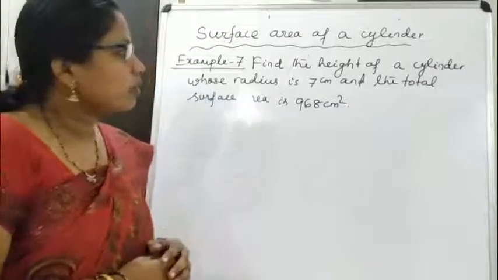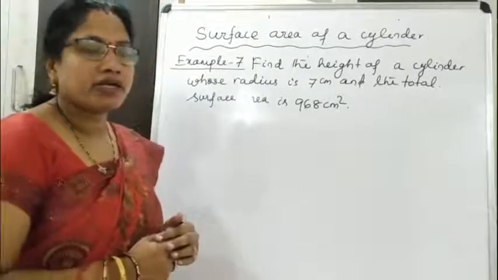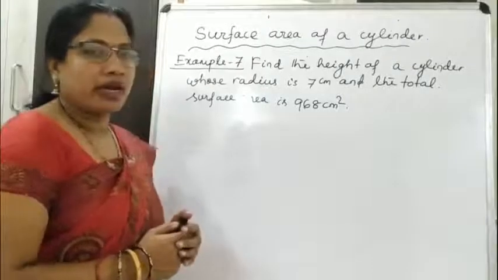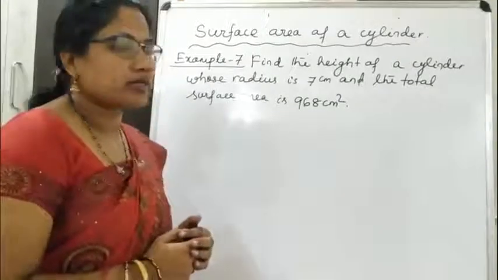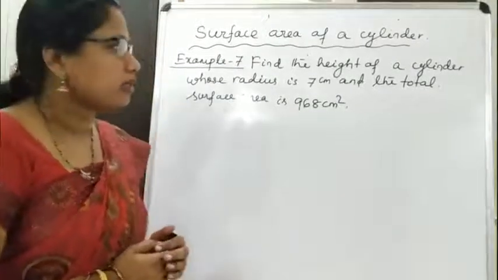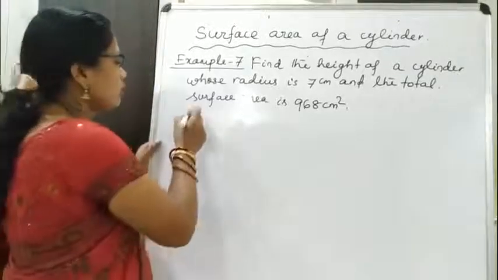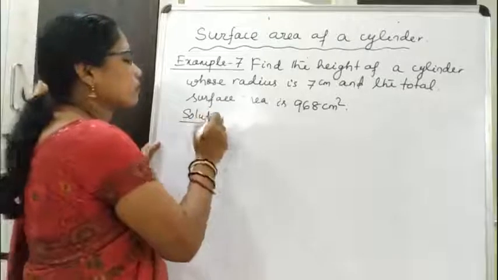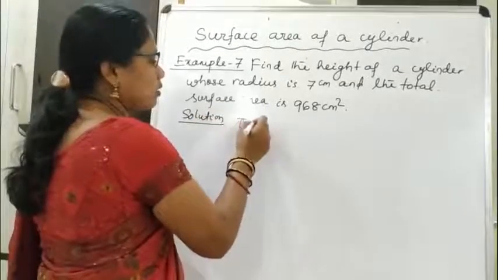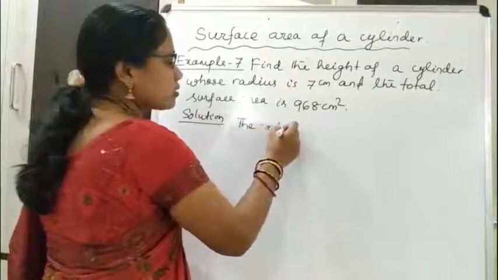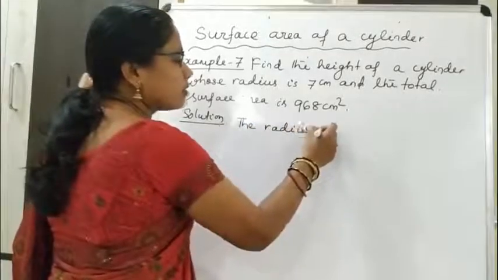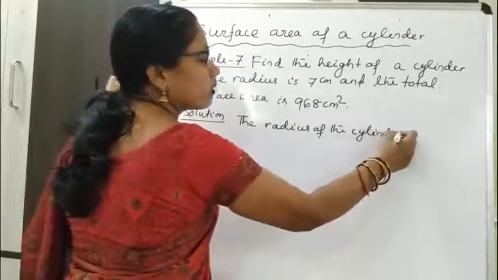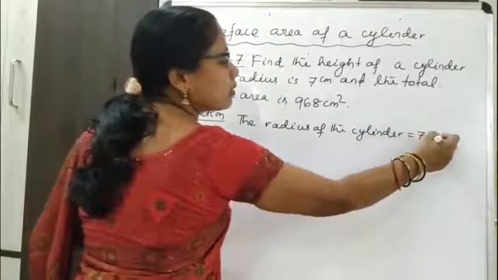Next example, find the height of a cylinder whose radius is 7 cm and the total surface area is 968 cm square. So here the solution: the radius of the cylinder is 7 cm.